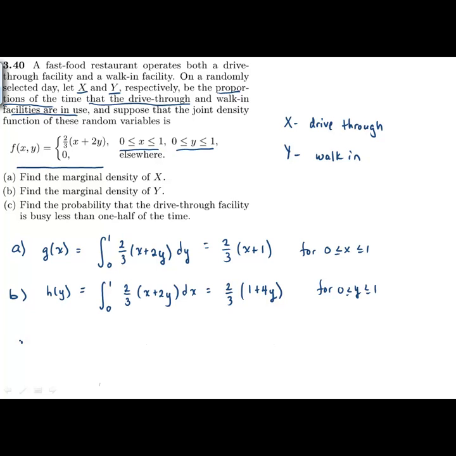So the probability is busy less than 1/2 of the time, so it is the probability of x less than 1/2. And what would be the integration here? 0 to 1/2 of 2 over 3 (x plus 1) dx.